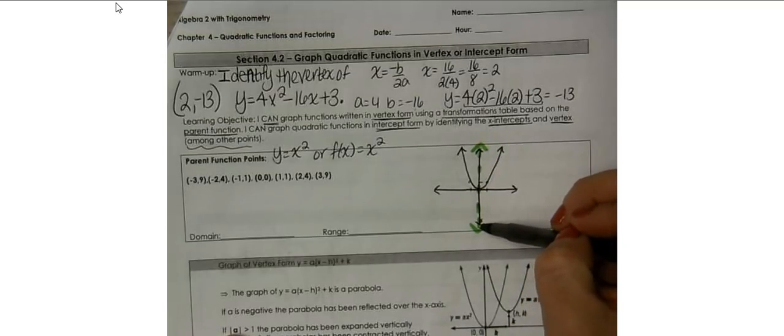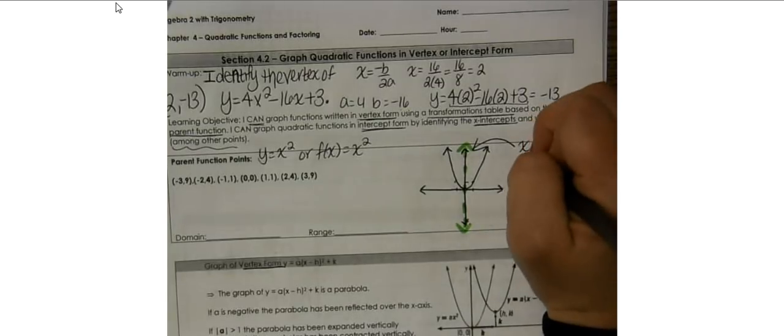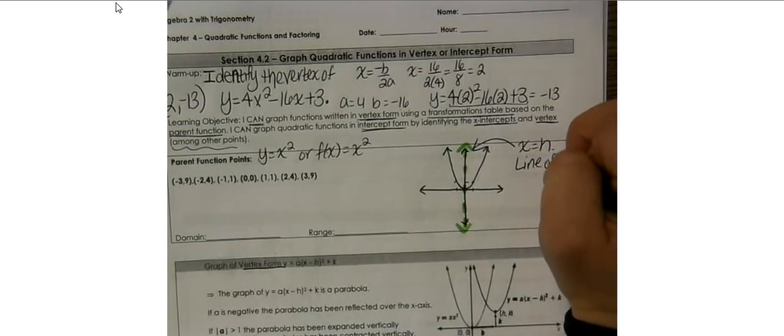It has a dashed line going through it, which is our line of symmetry. And in this case, when we talk about vertex form, our line of symmetry is actually going to be the h value. So x equals h is always going to be your line of symmetry. Remember that line of symmetry is also known as the axis of symmetry. So you might see those words go interchangeably. So LOS and axis of symmetry, AOS, same exact thing.